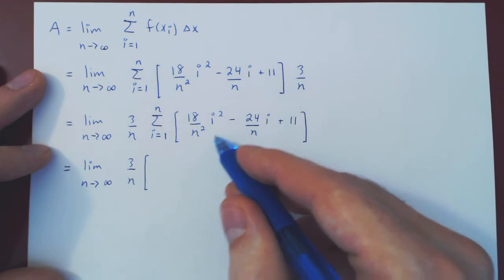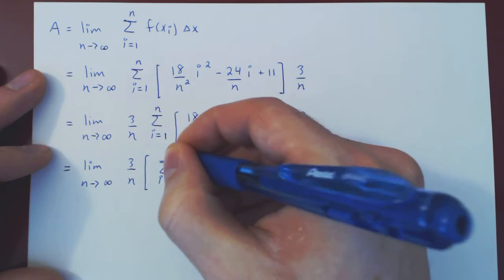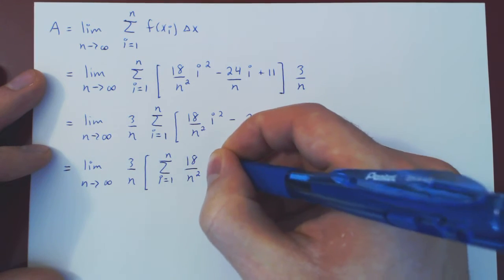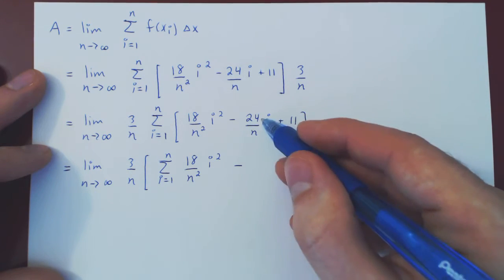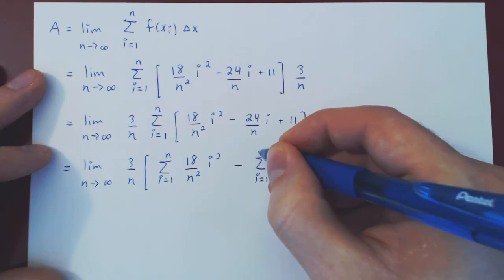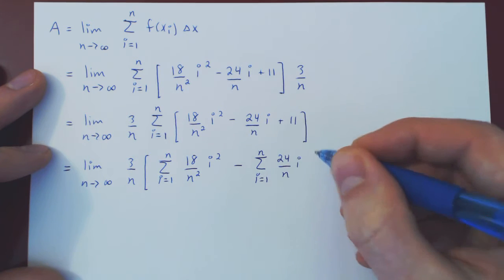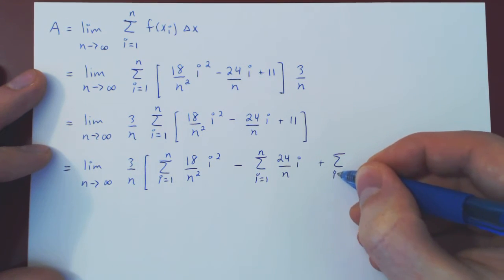We'll sum these terms first. Then we'll subtract the sum of these terms. And then we'll add the sum of the last term, being 11.